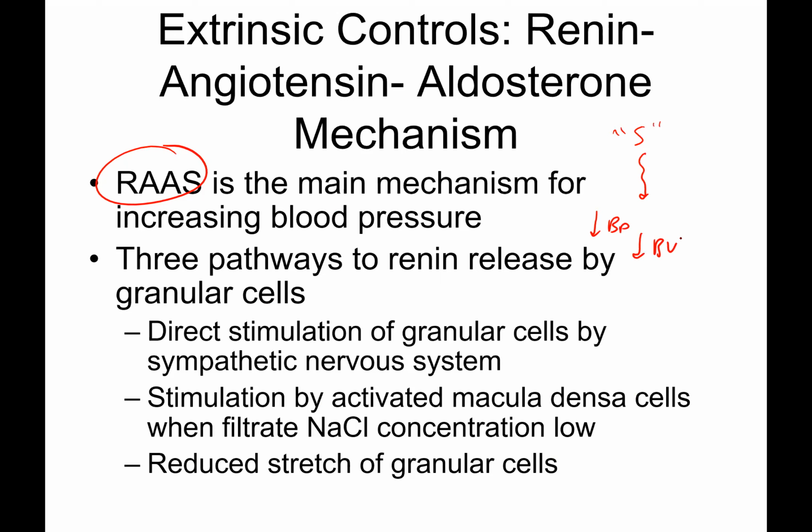If there's low blood pressure, chances are there's low blood volume. If there's high blood pressure, chances are there's also high blood volume, because they always tend to go together.